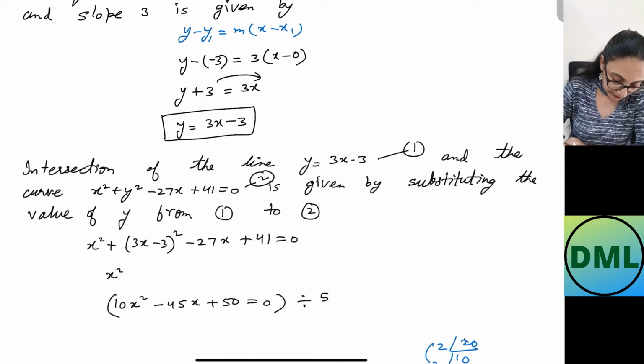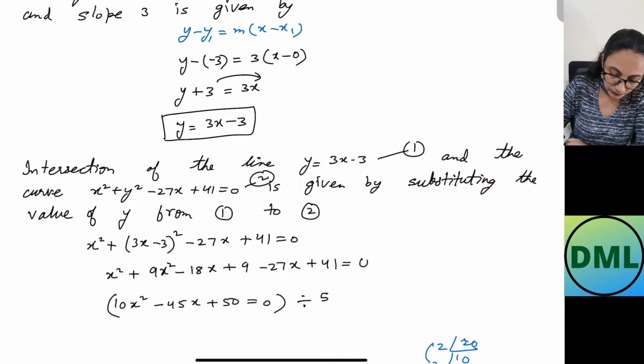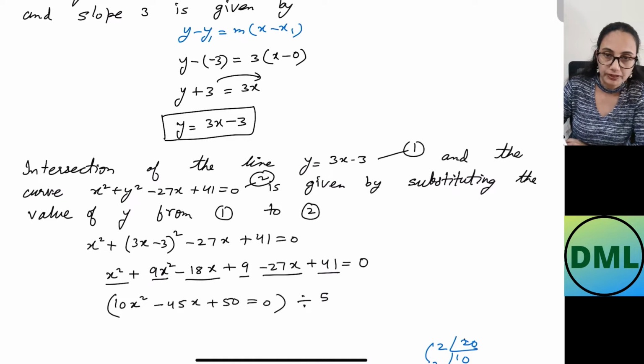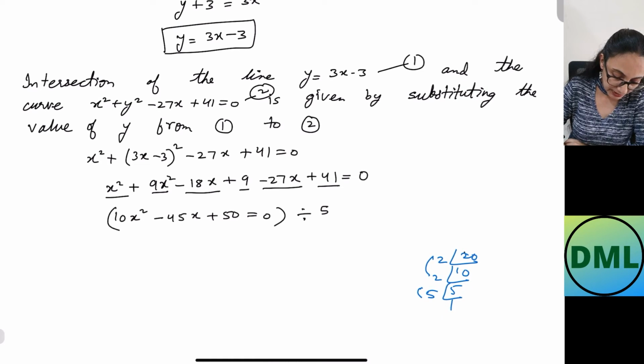Let's open the bracket: x² plus the expansion of (a - b)², which gives 9x² - 18x + 9 - 27x + 41 = 0. Now x² plus 9x² gives 10x², -18x and -27x give -45x, and 9 and 41 add up to 50. So the equation becomes 10x² - 45x + 50 = 0.